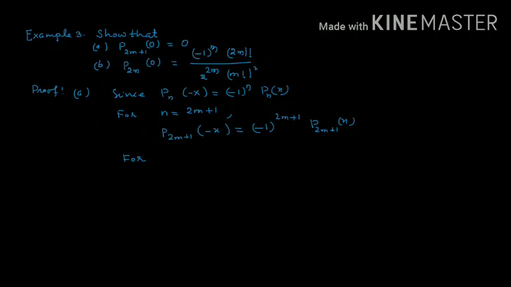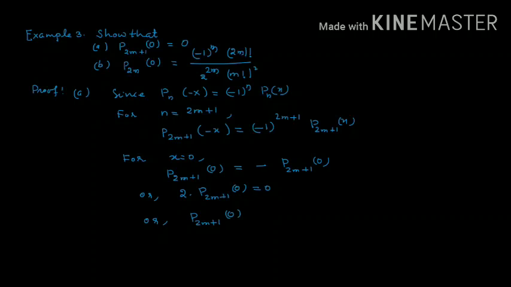For x equal to 0, one gets P2m plus 1 of 0 equal to minus 1 to the power 2m plus 1, that is minus P2m plus 1 of 0, or twice P2m plus 1 of 0 is equal to 0, or P2m plus 1 of 0 is equal to 0. Let us prove the other part.